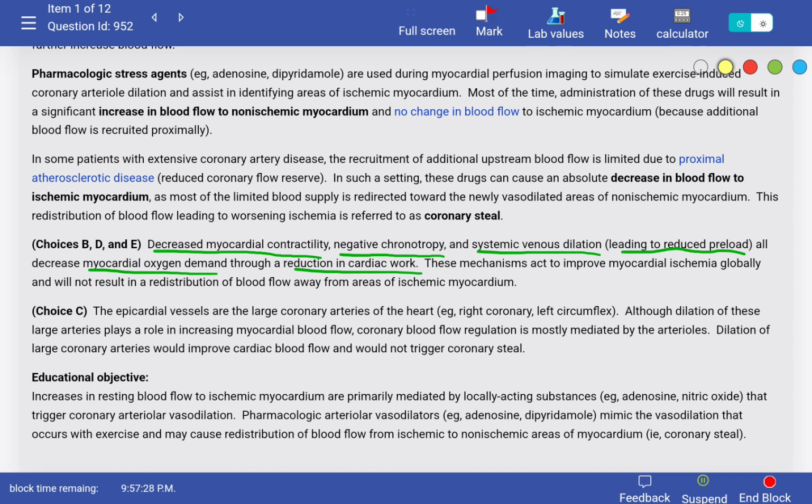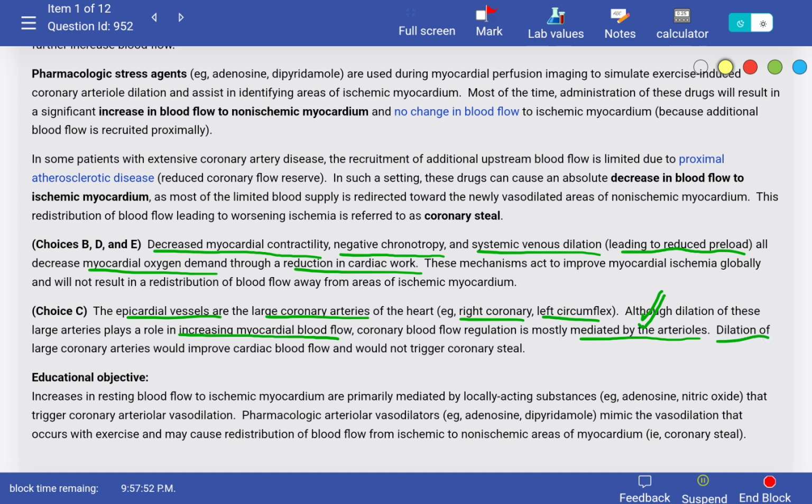Why not option C? The epicardial vessels are large coronary arteries of the heart, for example, the right coronary artery and left circumflex coronary artery. Although dilation of these large arteries plays a role in increasing myocardial blood flow, coronary blood flow regulation is mostly mediated by arterioles, which are small and narrow blood vessels.